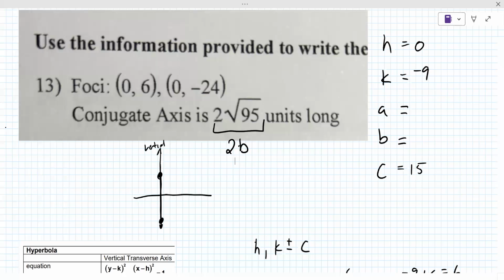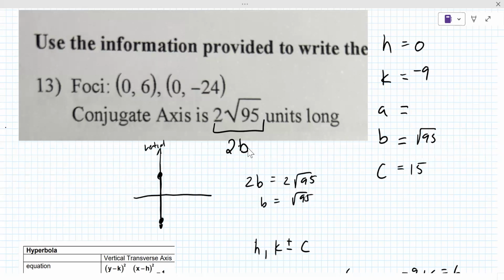Just double checking here. There it is. Is it okay if we go with that, or do you want more explanation on why it is 2b? That's fine. Okay. So what that tells you is that b is the square root of 95 in this problem.